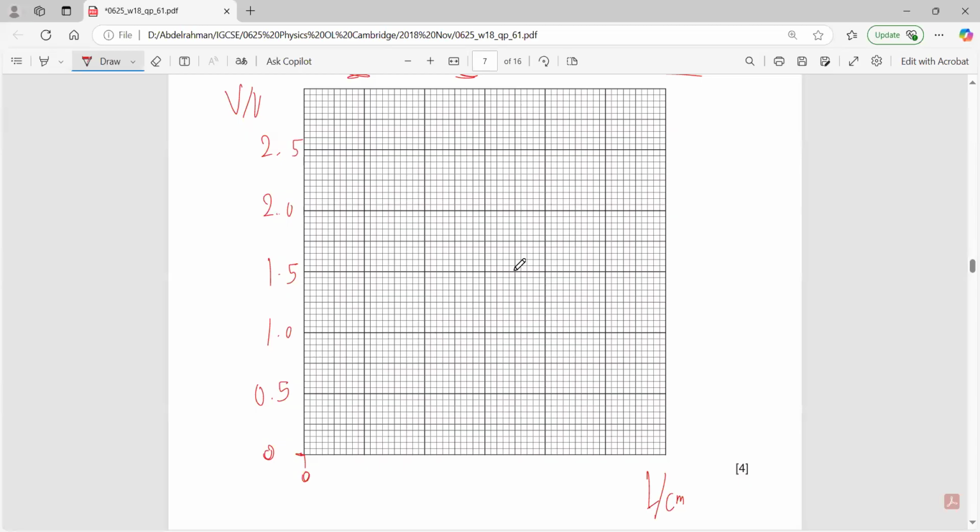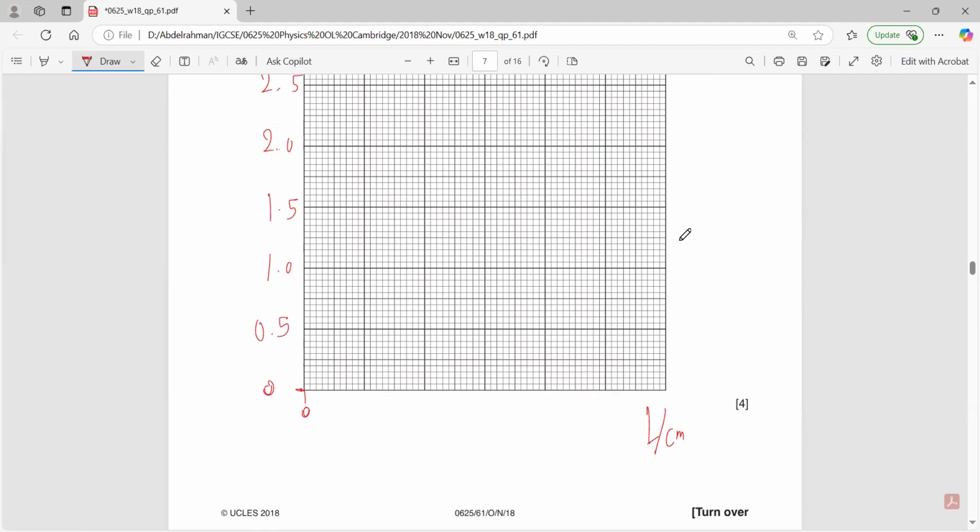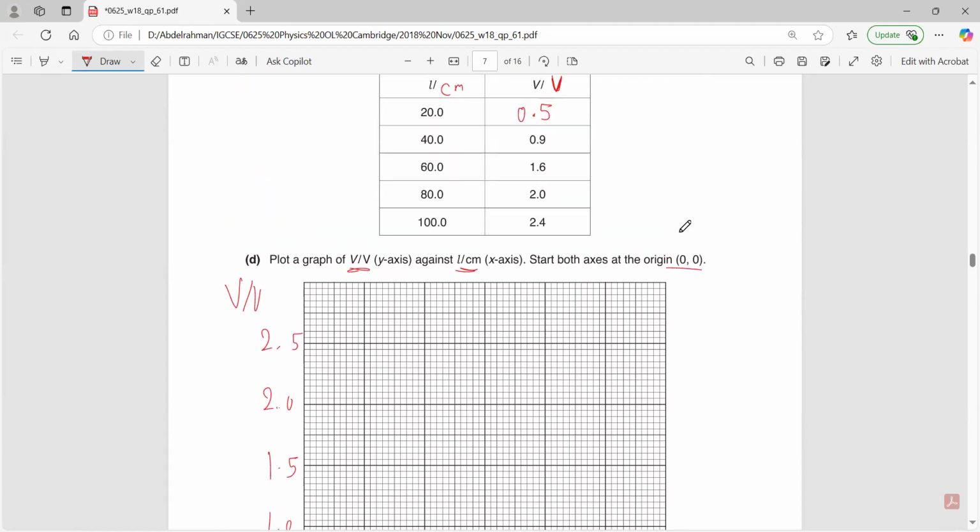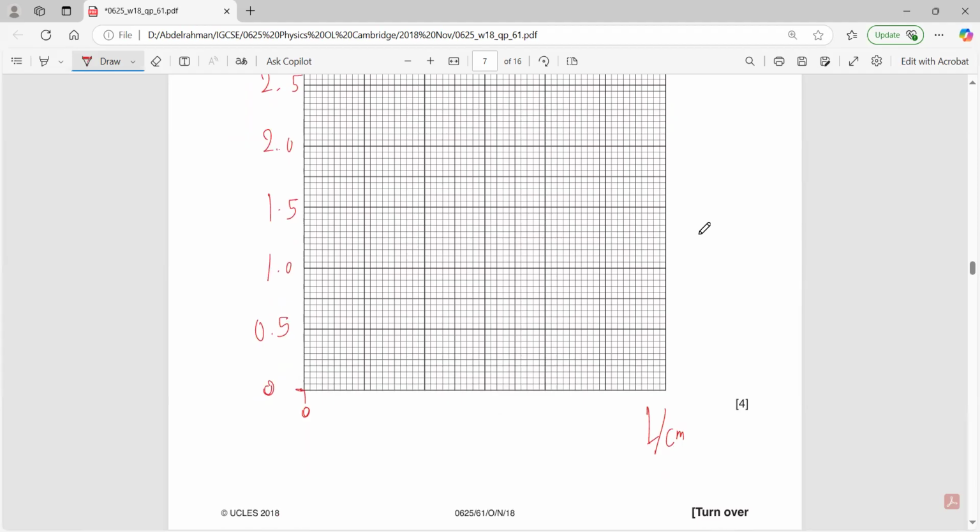Keep on increasing by 0.5. What about the length? We can just write them down as they are: 20, 40, 60, 80, 100.